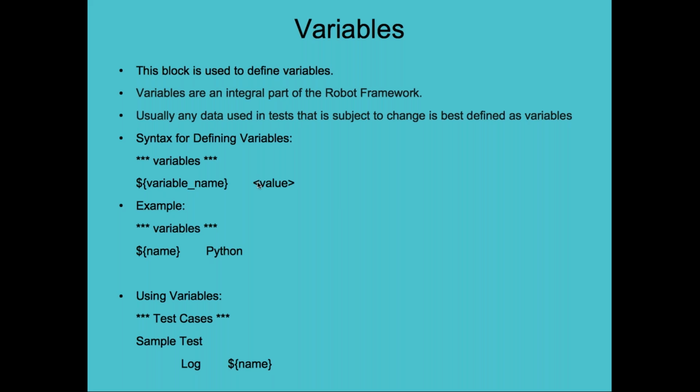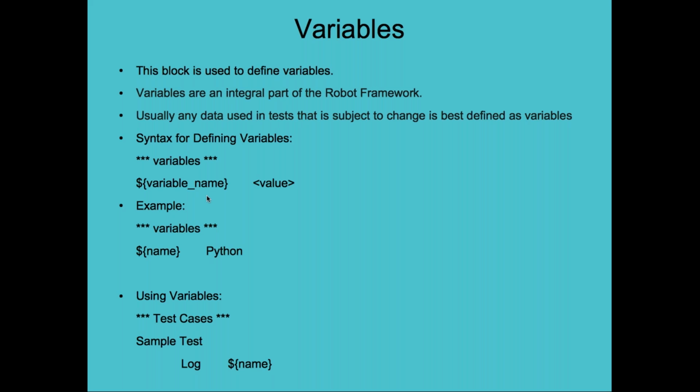And one more thing, the value can change. Let's say we have a version here. For the first version it will be 1.0.0, for the next version 1.0.1, then 1.0.2, 1.0.3, like that.